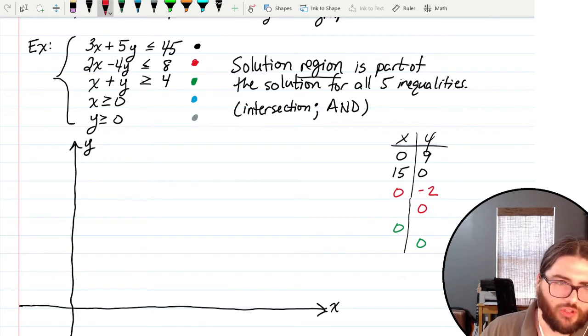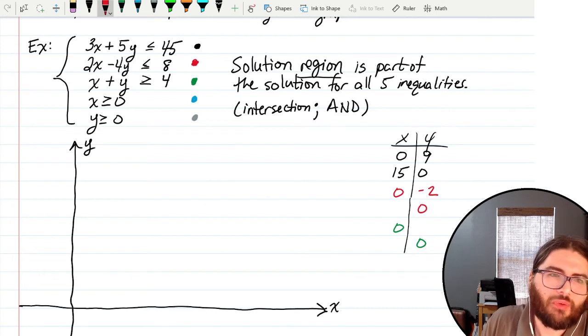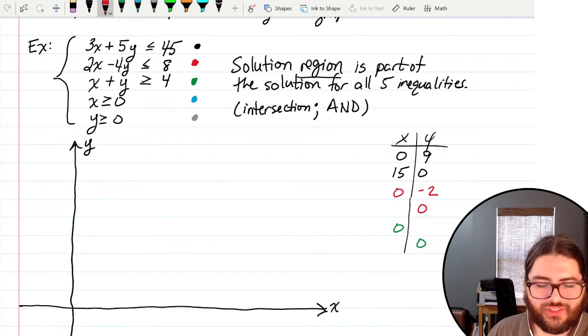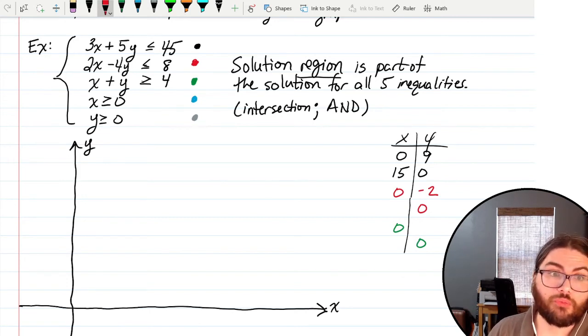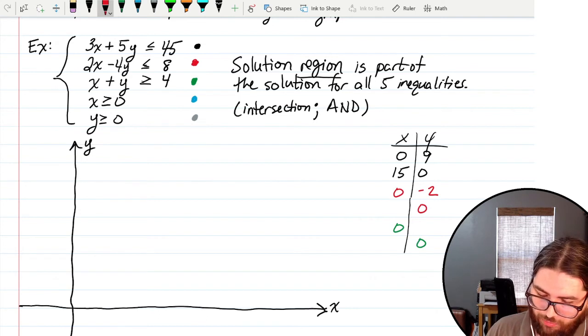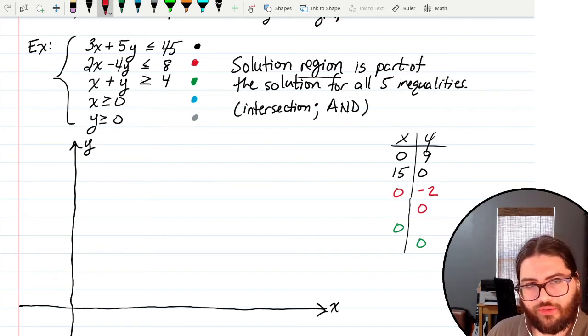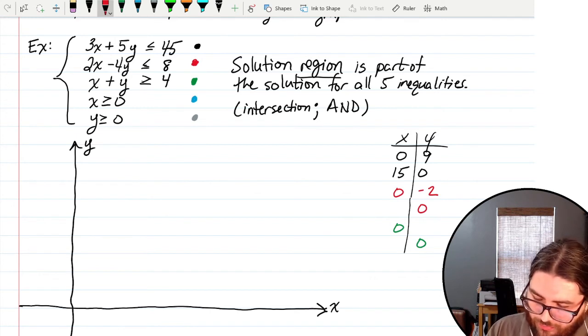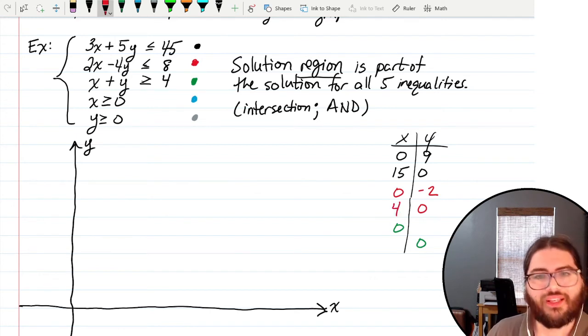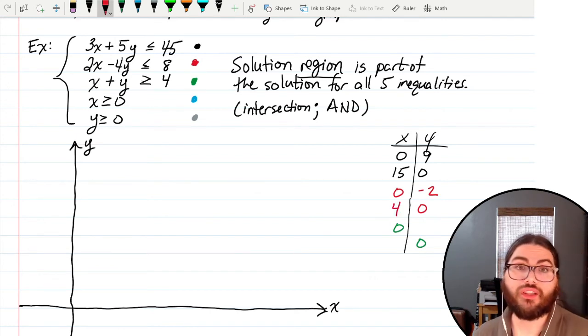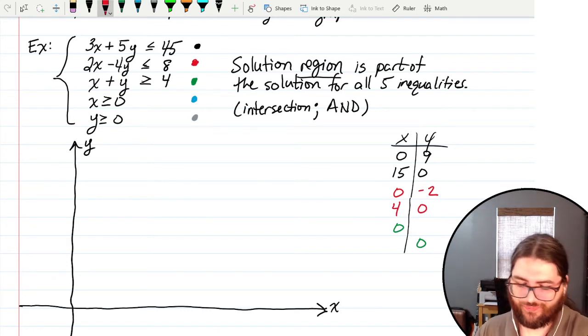I know earlier I said we have to keep track of changes, but the nice part is that for now I'm treating these like an equation, not an inequality. The line is the equation part. If I plug in y equals 0, then 2x equals 8, divide by 2, I get x equals 4. It's really nice being able to treat these like equations, isn't it?